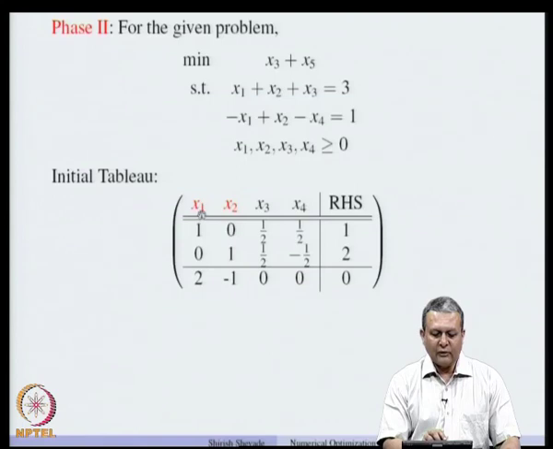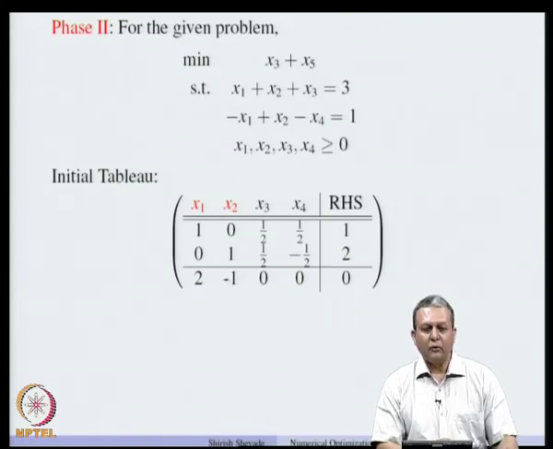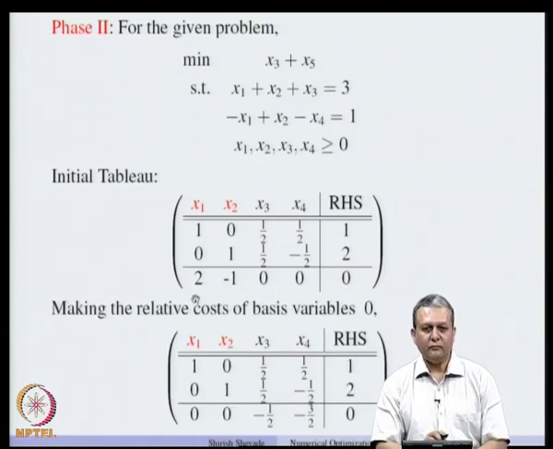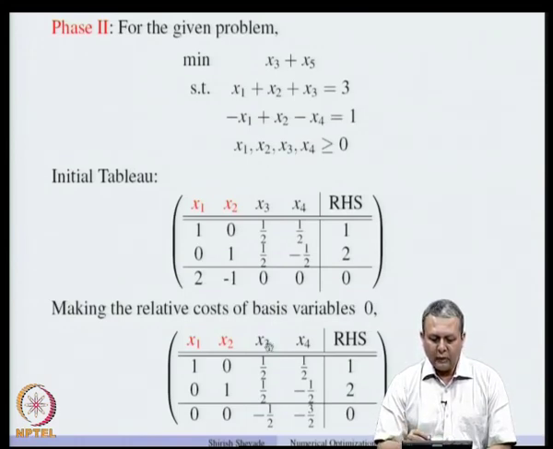Now, as you will see that these are the basic variables, the relative costs of these basic variables are not 0. So, first we make them 0 by using the matrix operations, and now you will see that x3 and x4 are the non-basic variables and the corresponding relative costs are negative.